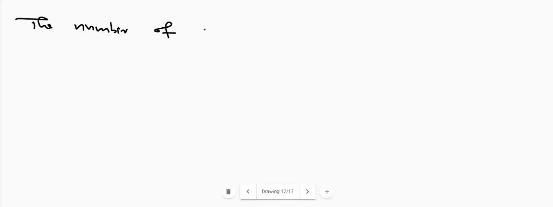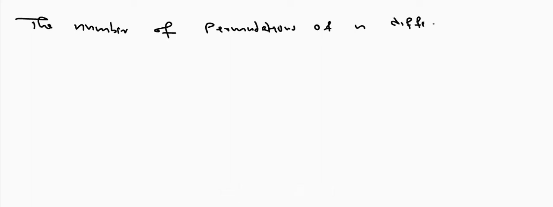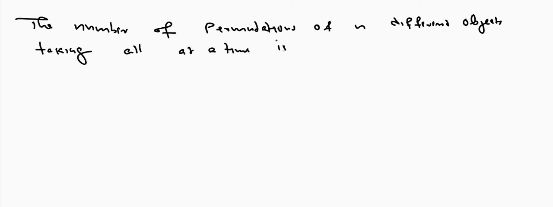The number of arrangements, or permutations, of n different objects taking all at a time is given by n factorial.